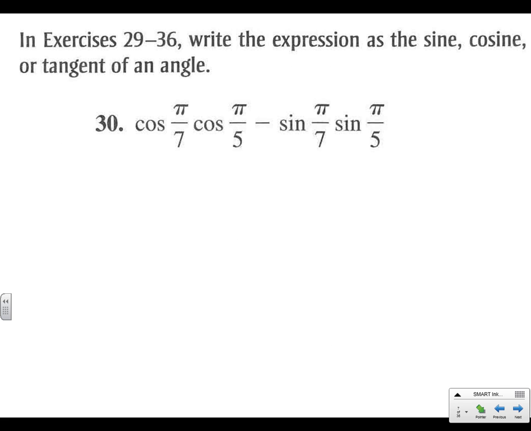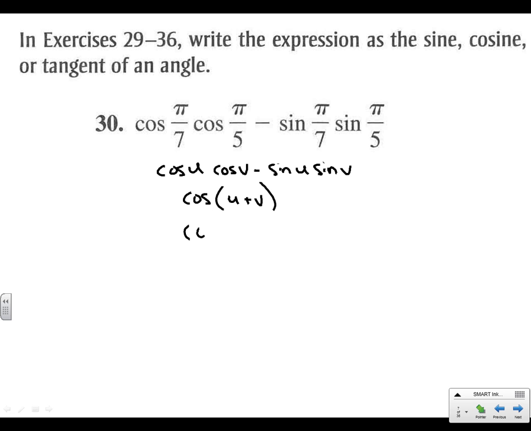Cosine pi over 7 cosine pi over 5 minus sine pi over 7 sine pi over 5. We need to find the formula that works for this. So if you think about this as cos u cos v minus sine u sine v, which formula matches up with that? The proper formula is cos of u plus v.